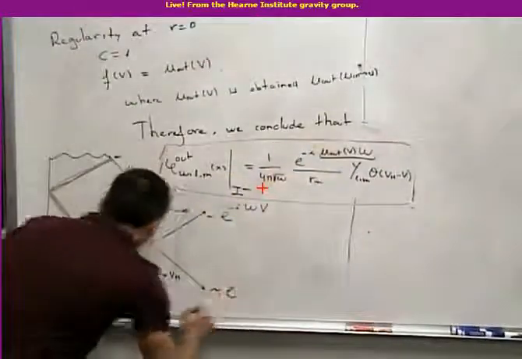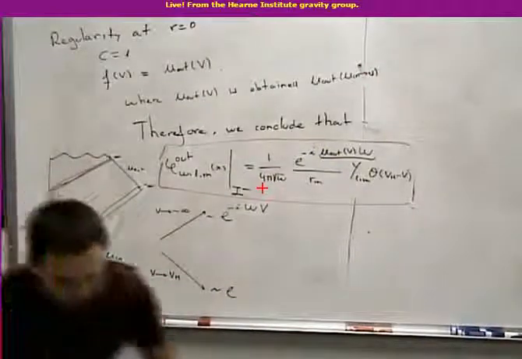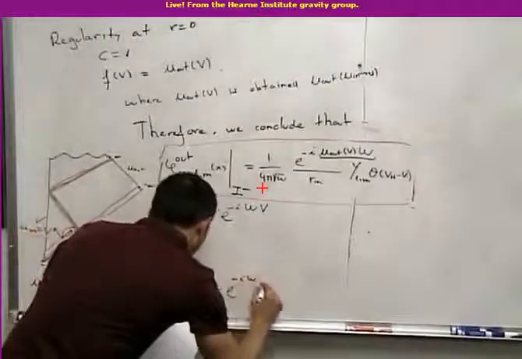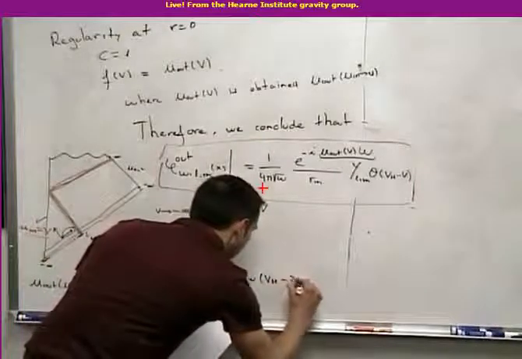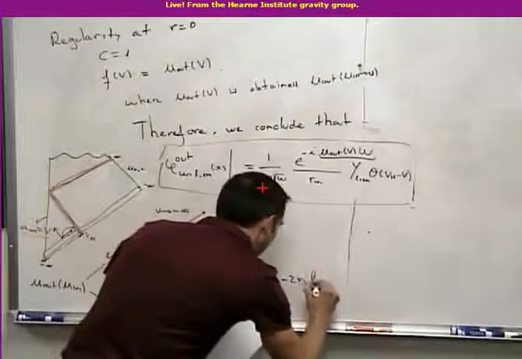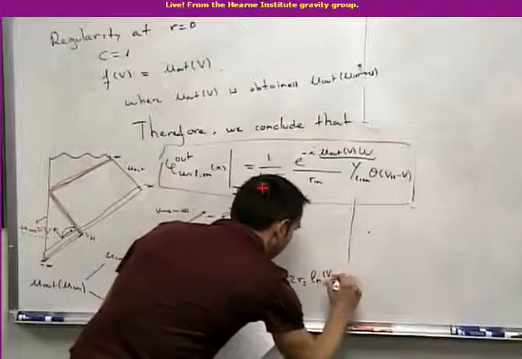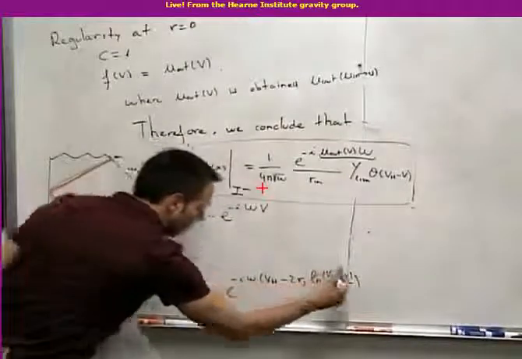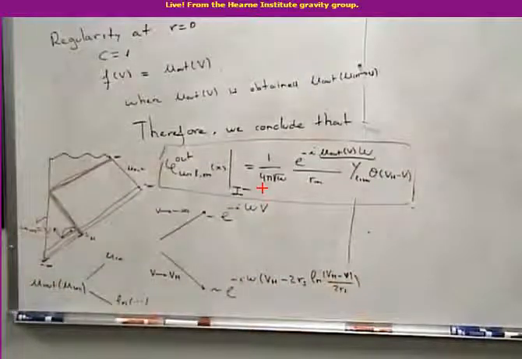And on the other limit, remember, only the logarithmic part was surviving: minus i omega, vh, a constant, minus 2 r_s log, r_s being the Schwarzschild radius, of (vh minus v) over 2 r_s. So this logarithmic relation between v and u out appears in the exponent.